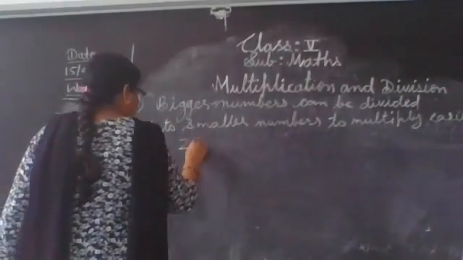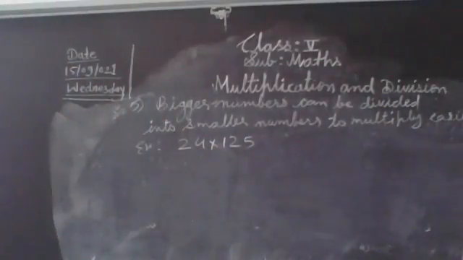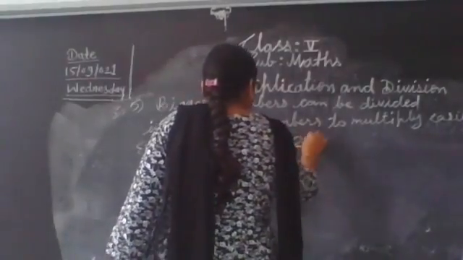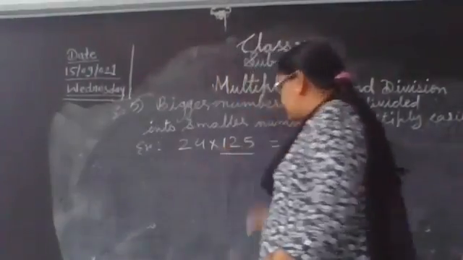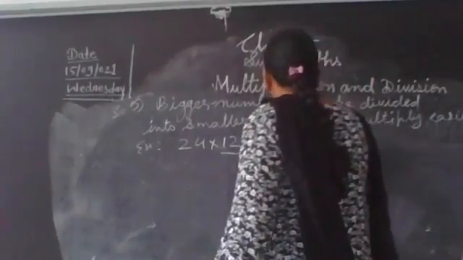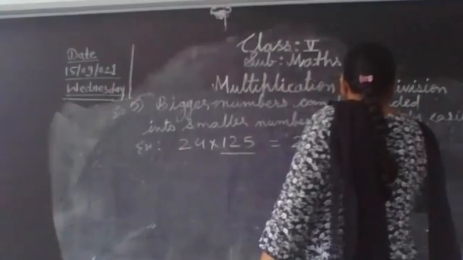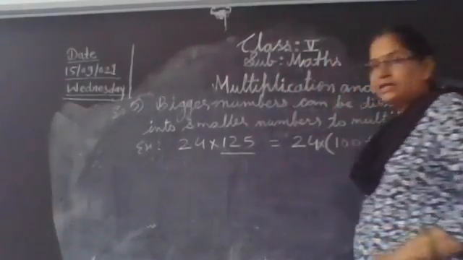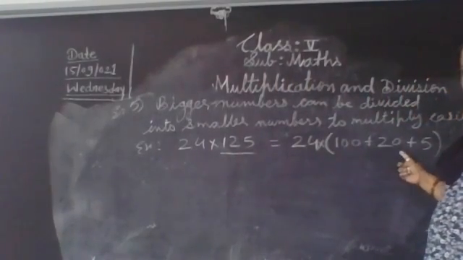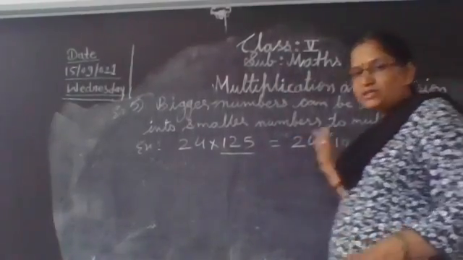Suppose you have to multiply 24 multiplied by 125. So how can we do it? You can do it like this: 24 multiplied by 125. Can I write 125 as 100 plus 20 plus 5? 100 plus 20 is 120, 120 plus 5 is 125.